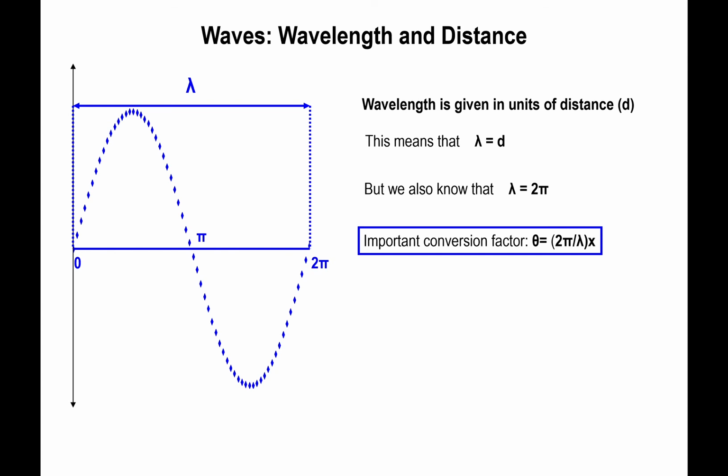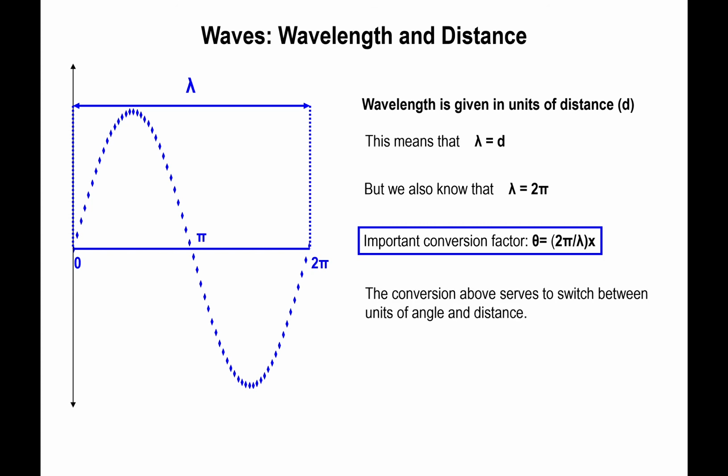And this allows you a conversion factor to introduce into trigonometric functions like the sine wave or the cosine wave. Specifically, if you want to get the angle associated with the process in terms of the wavelength, as long as you measure the distance by which the wave has traveled, you divide that by the wavelength and multiply by 2 pi, and this allows you to end up with an angle value for your wave.